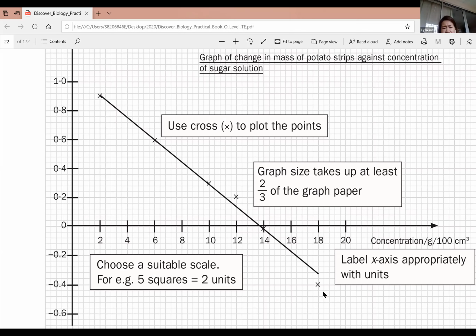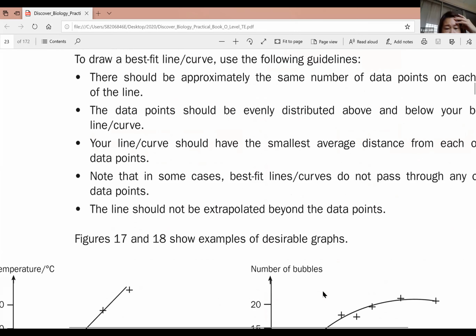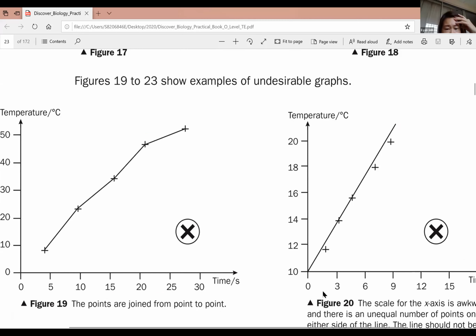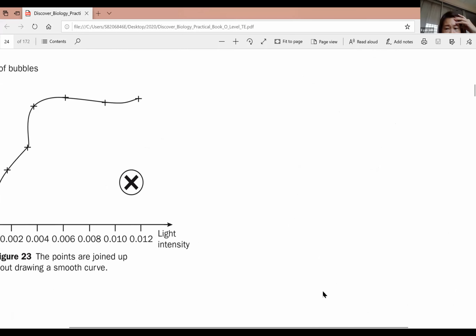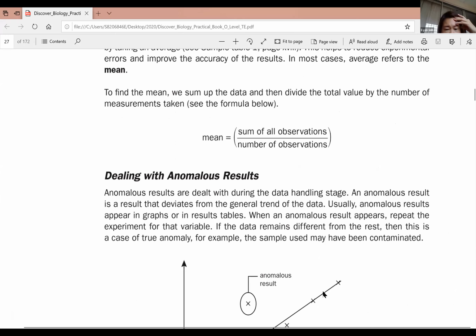They won't give you a difficult best-fit line. Usually the points that they ask you to plot will be very nice, similar to mathematics, where you can draw a curve or a straight line. So this one I will not talk about the best-fit line. There's something else that I need to address, which will be this one.